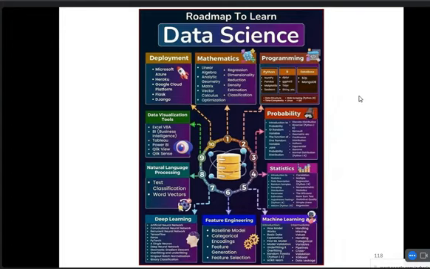What is ANN, Ramchan? Artificial neural network. Perfect. Then we are going for a deep neural network, that is called a DNN.